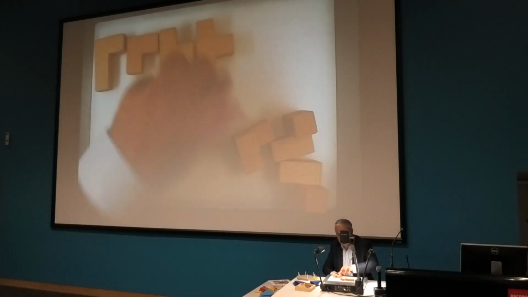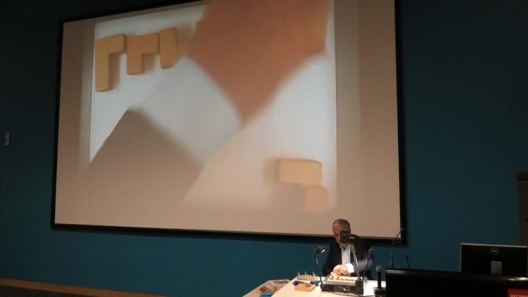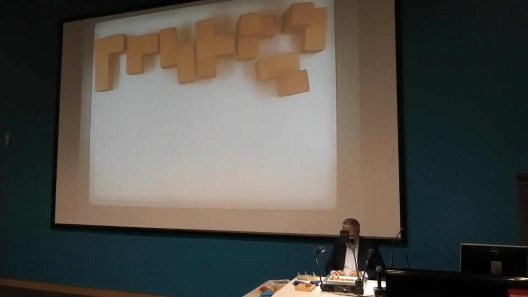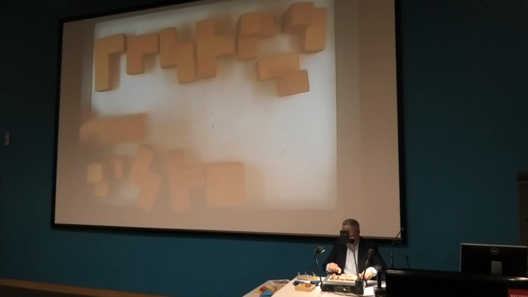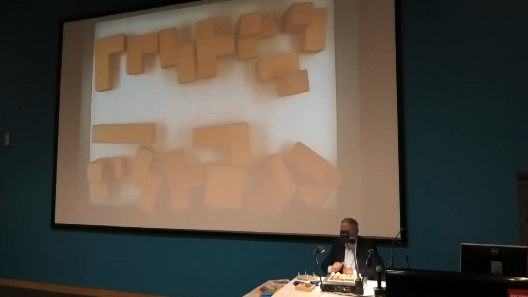I will put it in a better way. So now I put the other pieces. Now my question is, the parallelepiped or the cube, which of them is the more difficult?